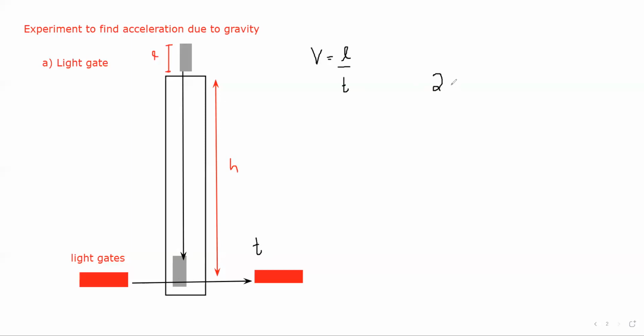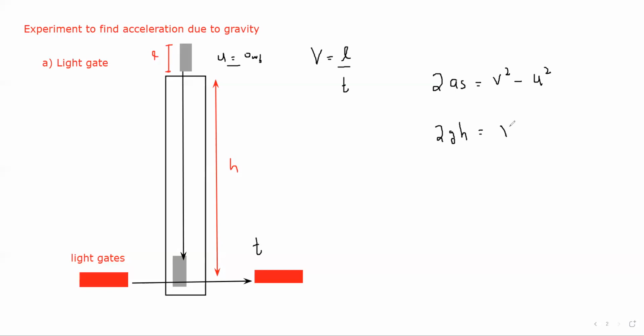What is the equation of motion? 2as is equal to v square minus u square. Because whenever an object is dropped, the initial velocity is 0, so it will be 2, acceleration is due to gravity, g. h is the height from which we are dropping.